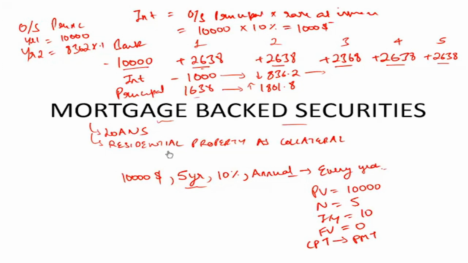The property is a residential house on which the loan has been taken. Now the interesting feature about mortgage-backed securities that differs them from other securities, or that brings in additional complexity, is the possibility of prepayment.